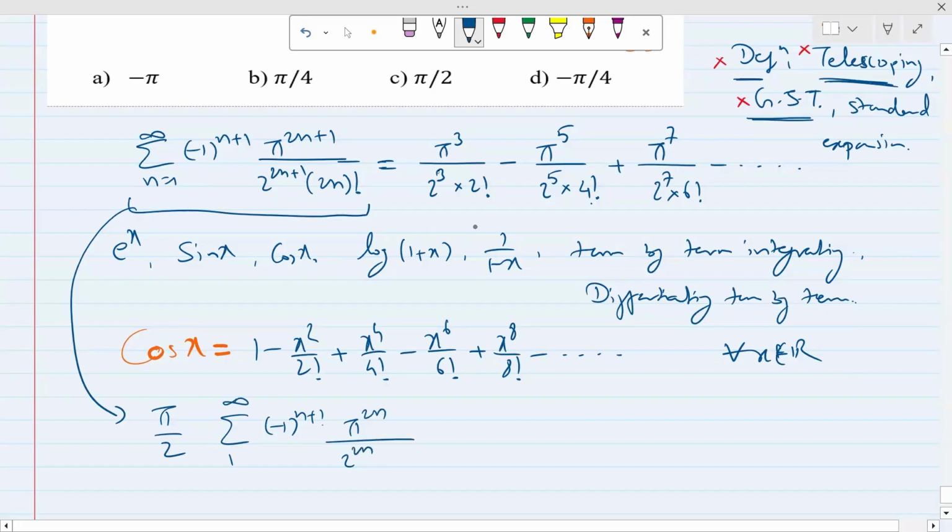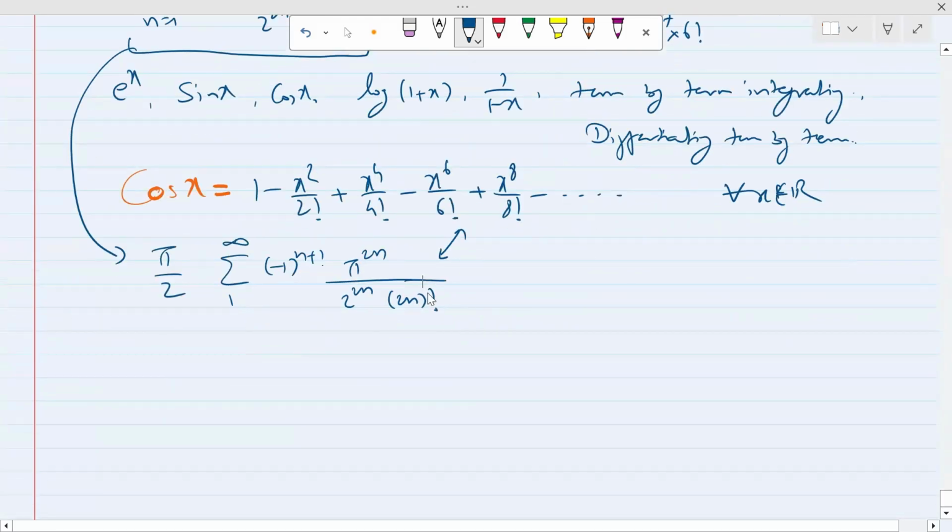Or we can go in this way as well. Now, can you correspond this and this? Because you need even powers on this side. Sir, if we take pi by 2 common, then we can easily.